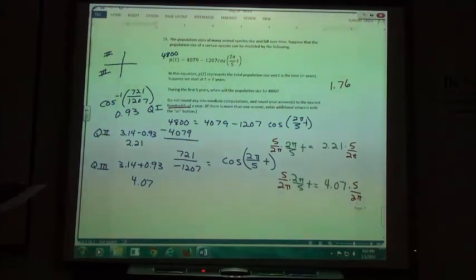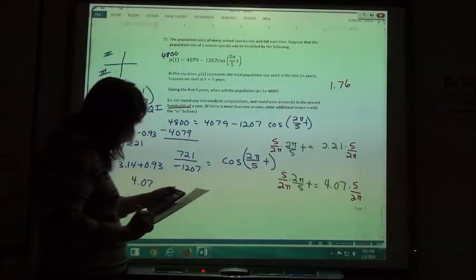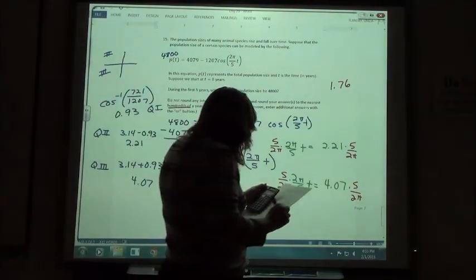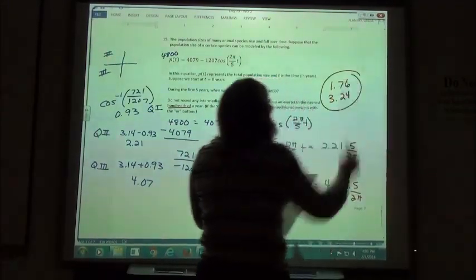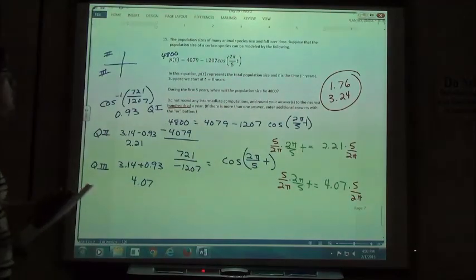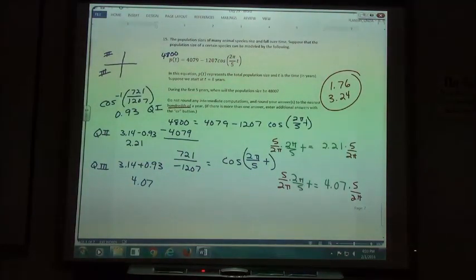Then I'm going to do 4.07 times 5 divided by 2 pi, which gives me 3.238, so 3.24. So at 1.76 years or 3.24 years, the population is going to be 4,800.